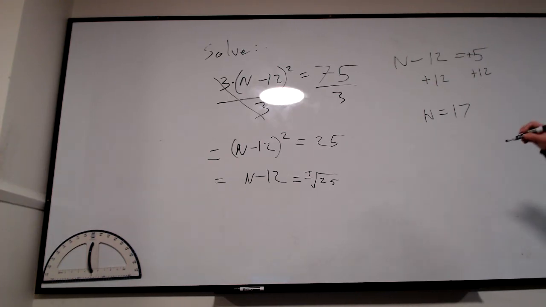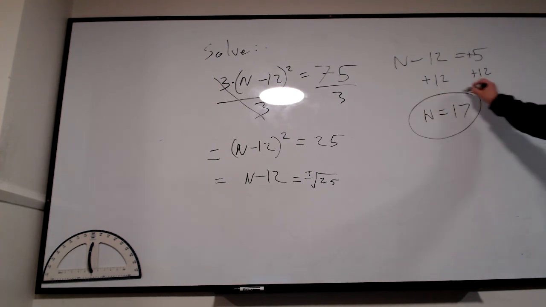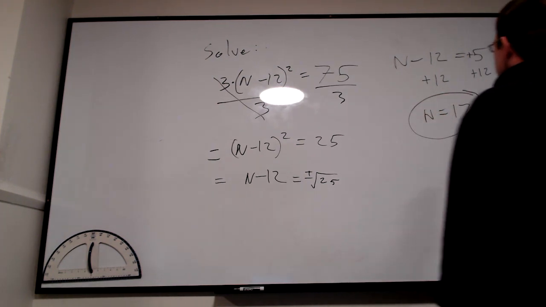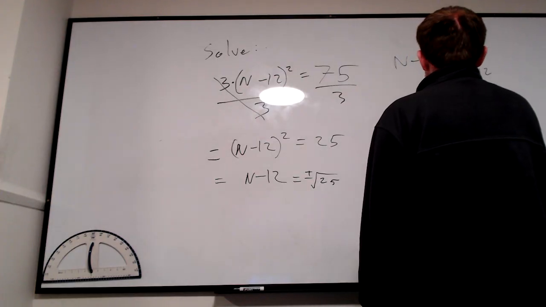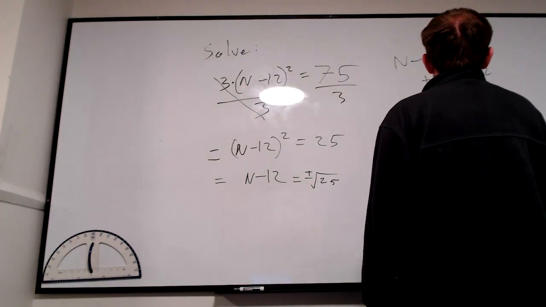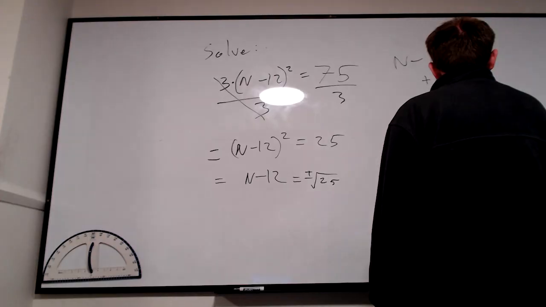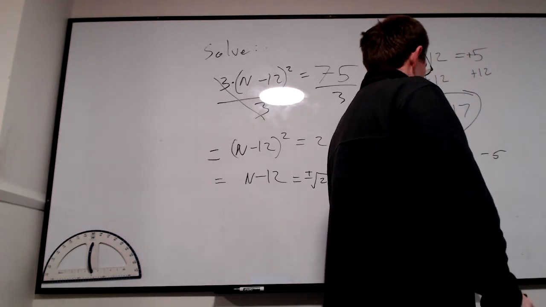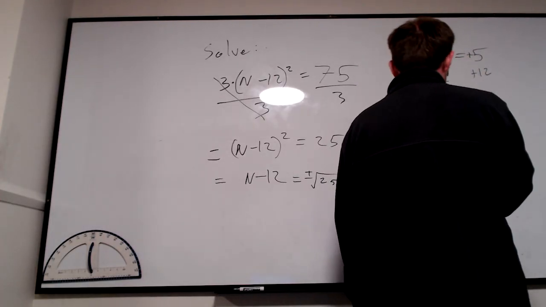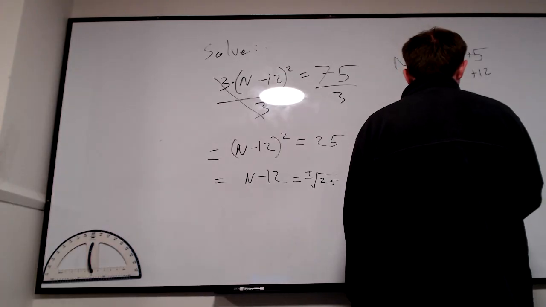Okay. That's solution 1. Yep, this is solution 1. And then for solution 2, right, we're going to have n minus 12 equals, in this case it's going to be negative 5, right? So then we're going to add 12 to each side.